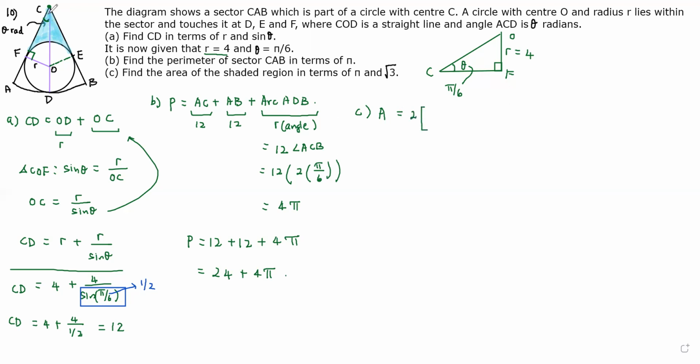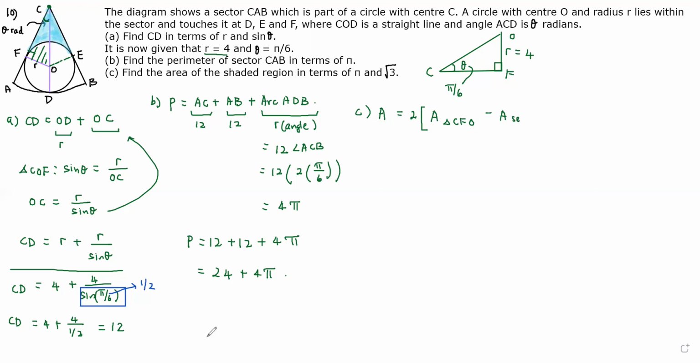So we consider triangle CFO. If you only look at triangle CFO, then we have the area of triangle CFO minus the area of the shaded sector here.